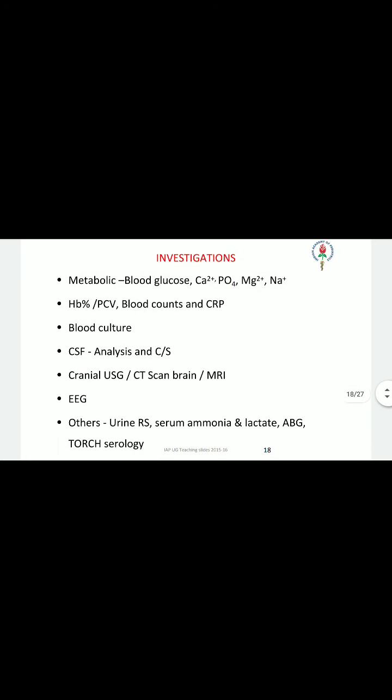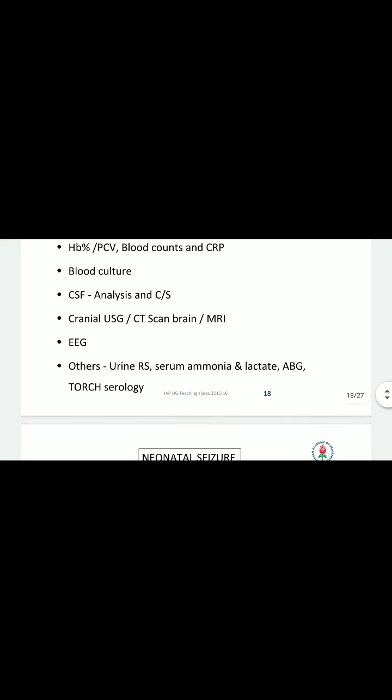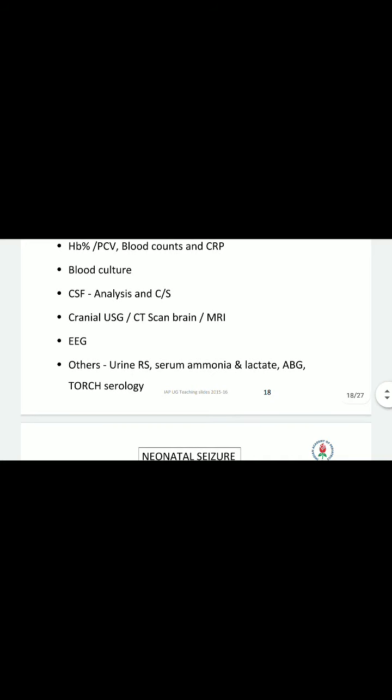Coming to the investigations, first and foremost, blood glucose, calcium, phosphate, magnesium, and sodium to be routinely done. Hemoglobin, packed cell volume, blood counts, CRP, and blood culture. If you suspect meningitis or sepsis, CSF to be drawn and sent for analysis and culture.